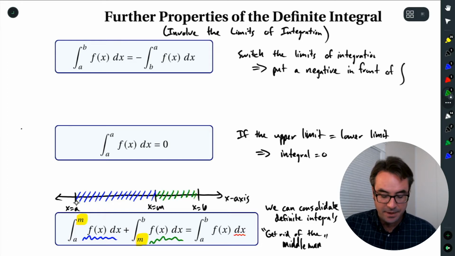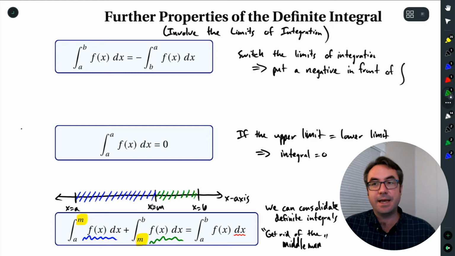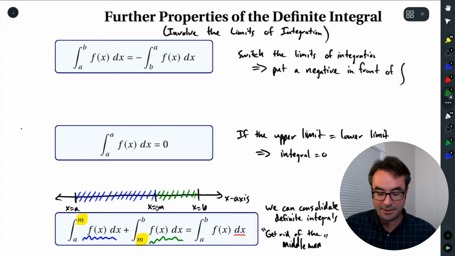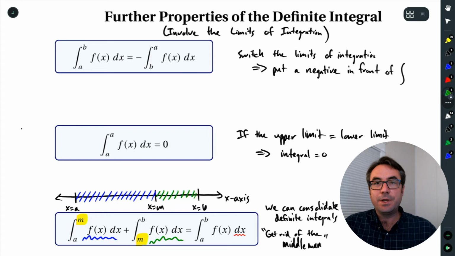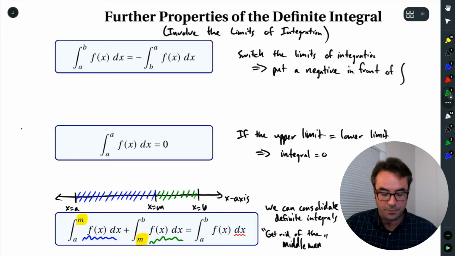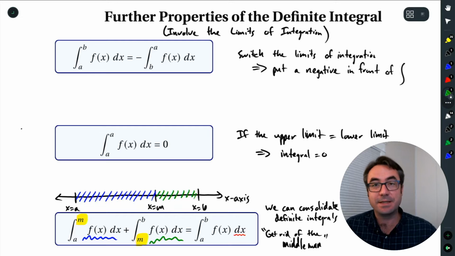And so instead of integrating our function from a to m, stopping, and then going from m to b, we could just integrate all the way through, starting from a and ending at b, and we'd get the same result.